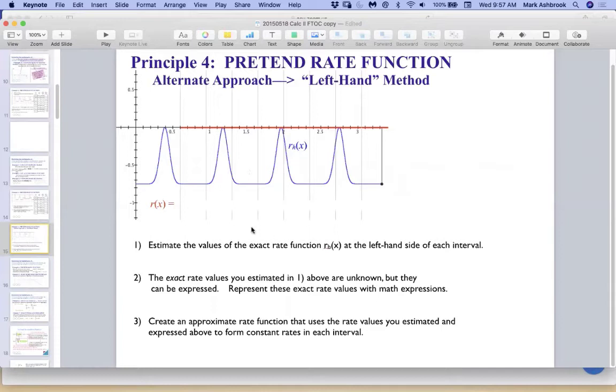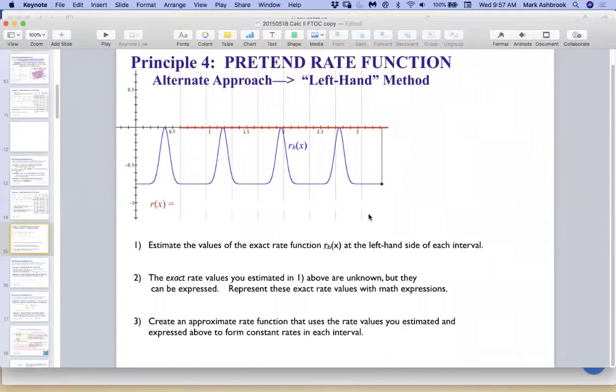All right. So what we want to do is, rather than estimate an average rate of change in each interval, we're gonna use the actual rate from the blue graph. We're gonna use the exact rate of change at the left-hand side of the interval, or the beginning of the interval, and then just let that be the constant rate for the whole interval.